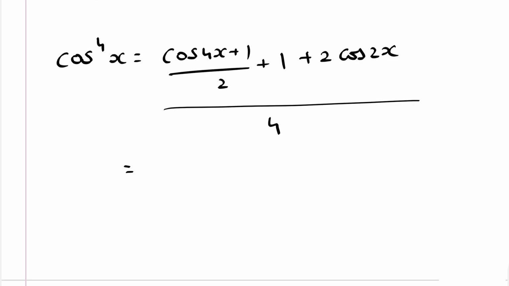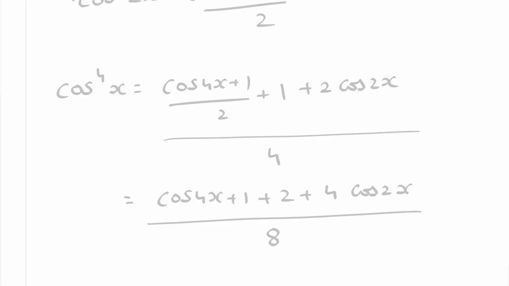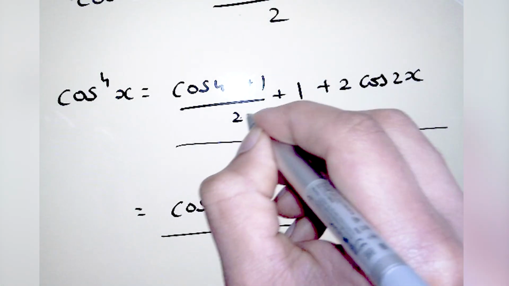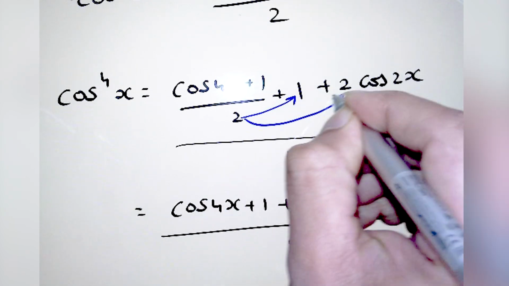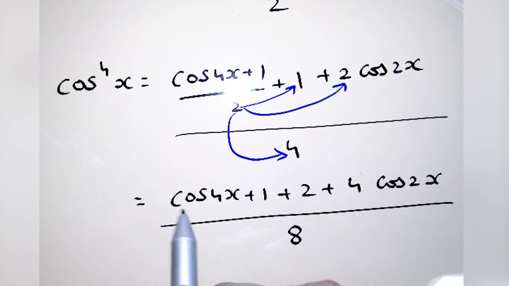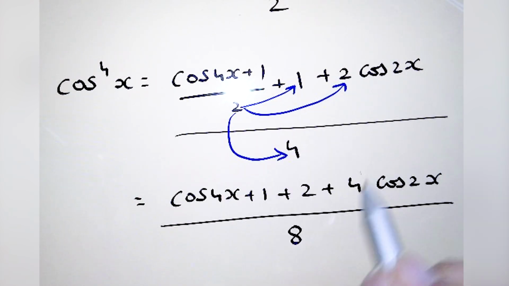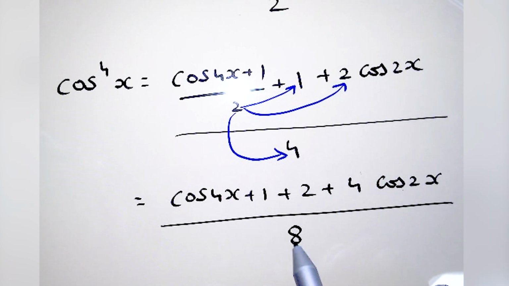If I simplify this, it is going to be cos 4x plus 1 plus 2 plus 4 cos 2x divided by 2 into 4, 8. So I multiplied this 2 here and here and multiplied this 2 over here again. So cos 4x plus 1 plus 2 plus 4 cos 2x divided by 8.